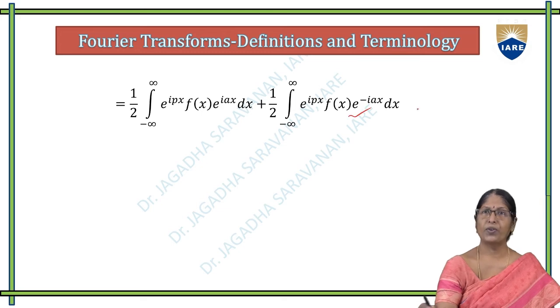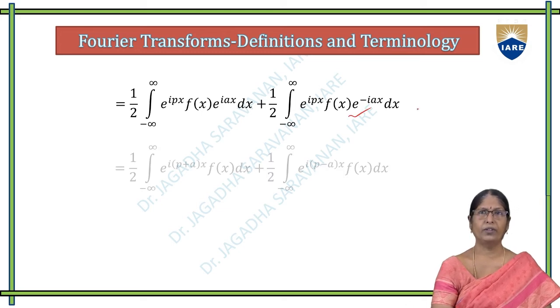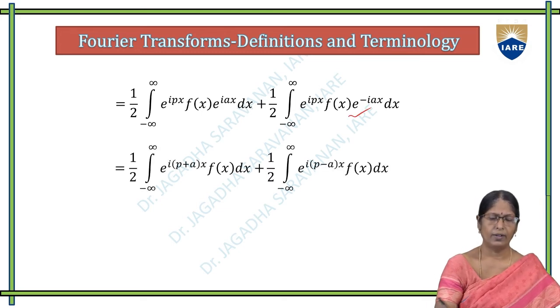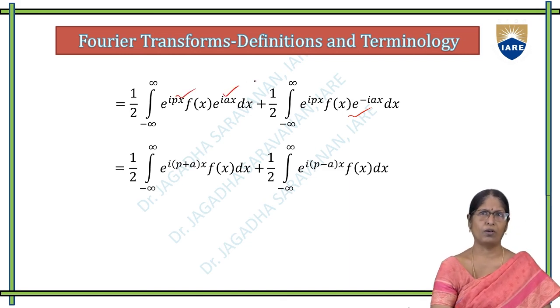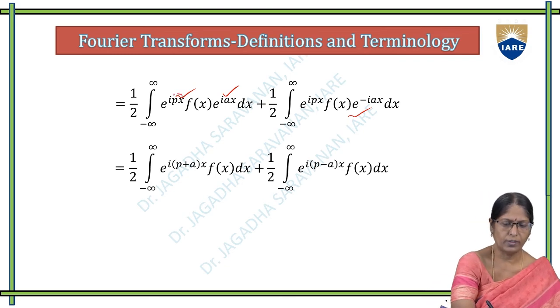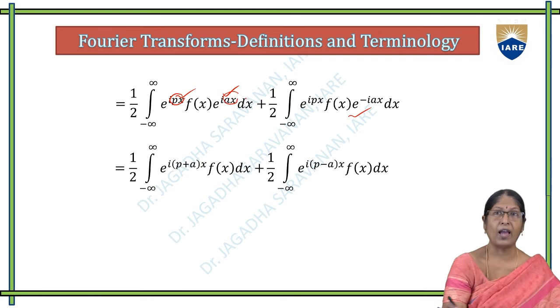So this is the previous step, once again written here. Then using the exponential law, a power m into a power n equals a power m plus n, we added this and this.